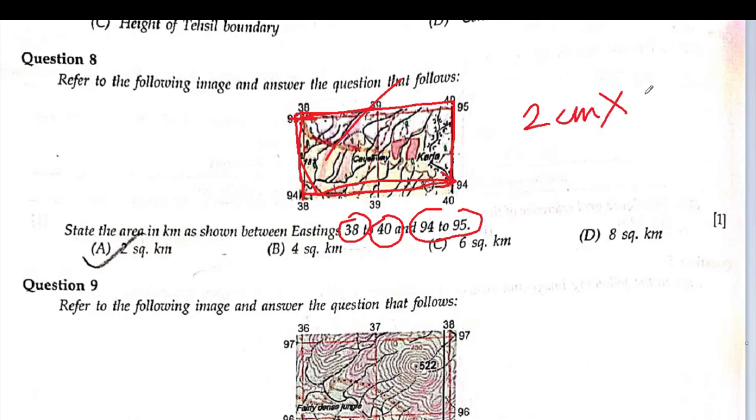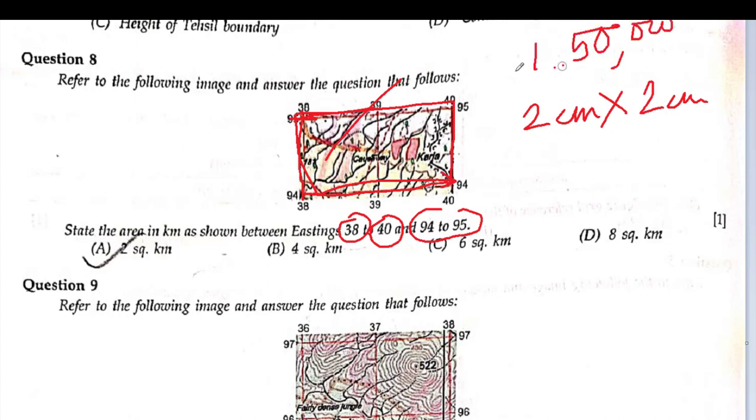Next question, state the area in kilometers as shown between easting 38 to 40 and 94 to 95. So you have to identify the area of these two grids, and you know that these grids are divided into 2 centimeter by 2 centimeter, and here the RF is 1:50,000.